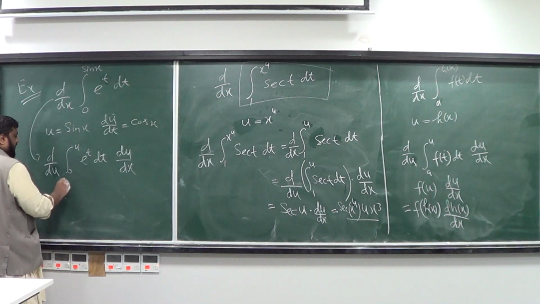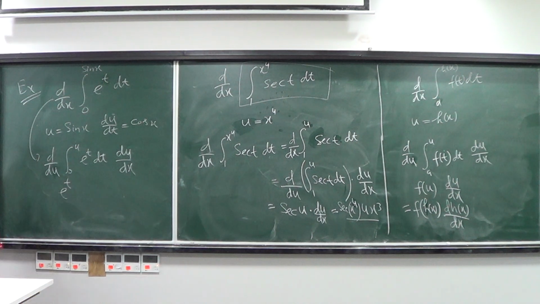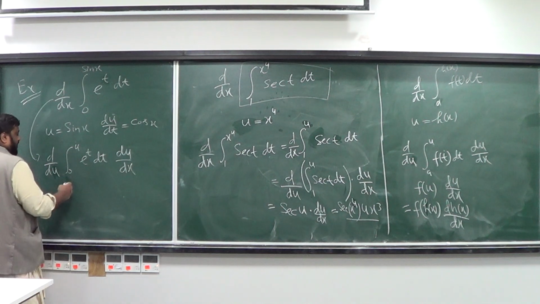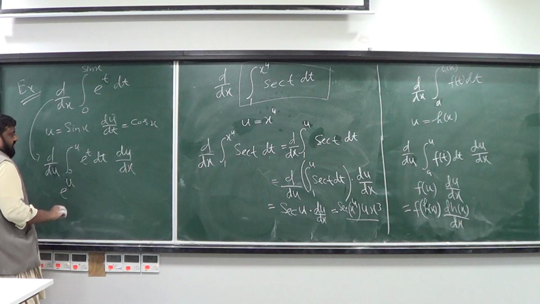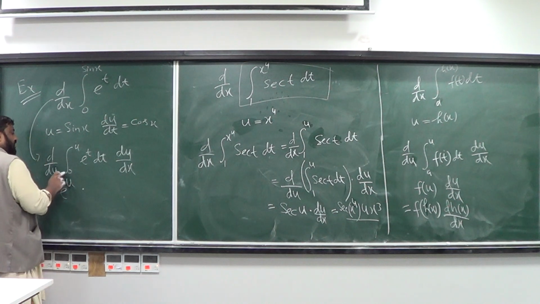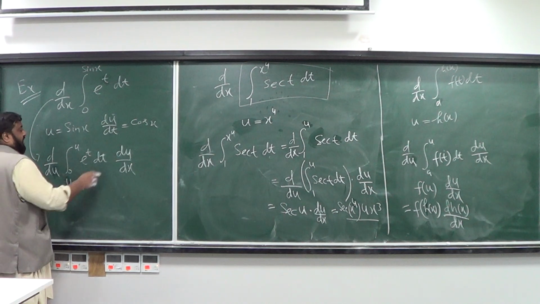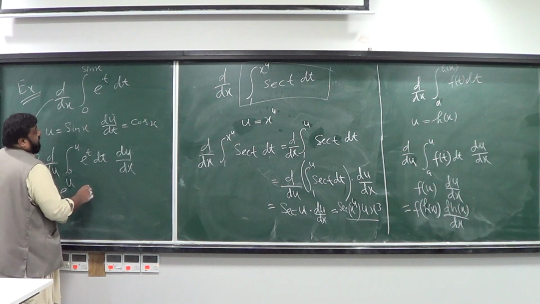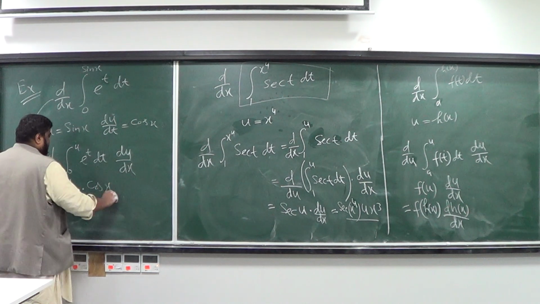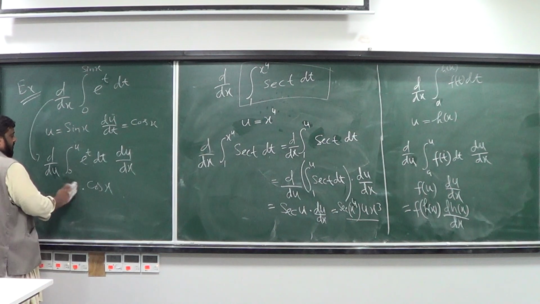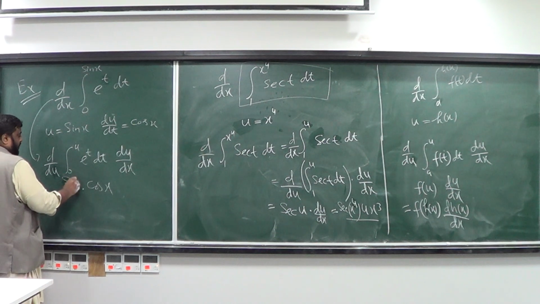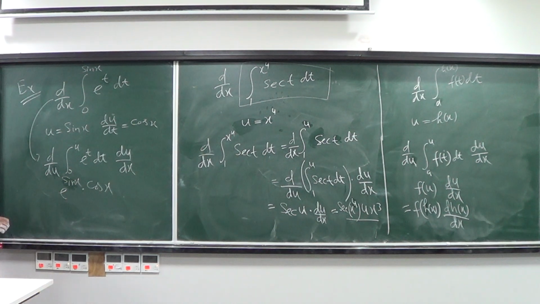This will become e to the u, by the identity that I mentioned, no matter what lower limit we have, times du by dx, which is cosine x, and in place of u you can substitute sine x. So this is really the derivative of this function.